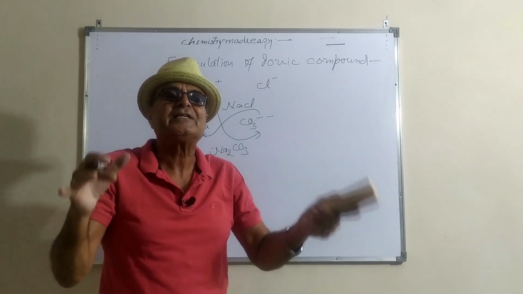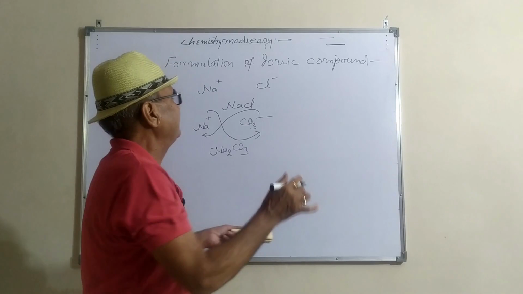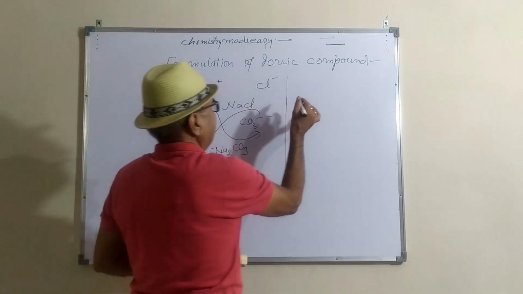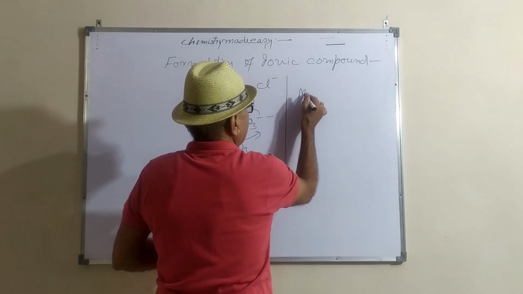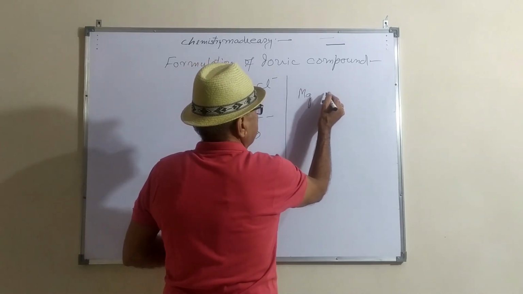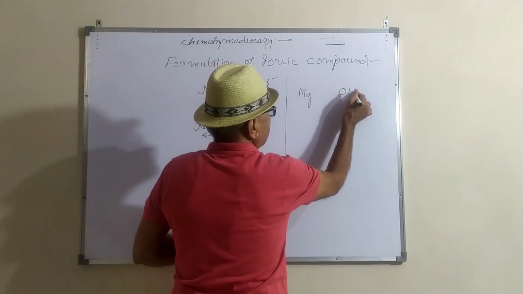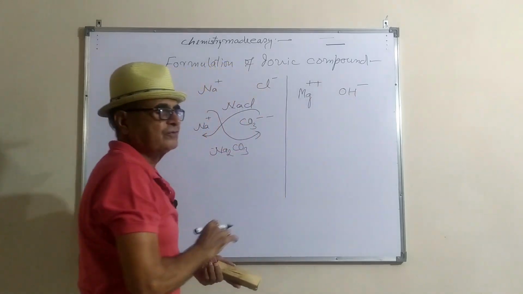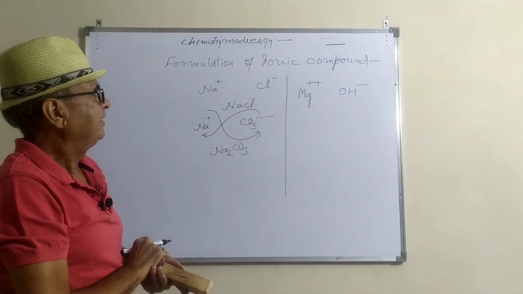So I am telling you the valency of the charges will be cross multiplied to their respective ions. Here I am taking another example. Suppose this is magnesium and this is hydroxide. This is magnesium double positive, hydroxide 1 negative.